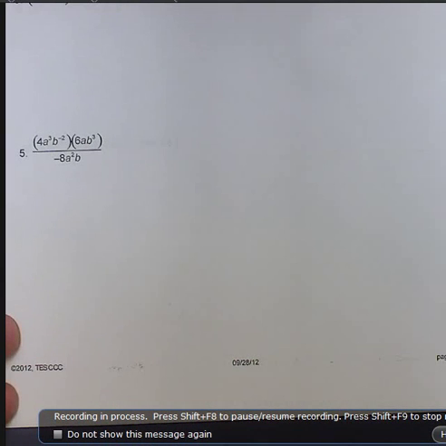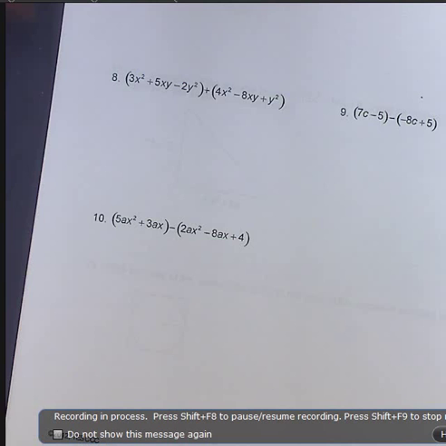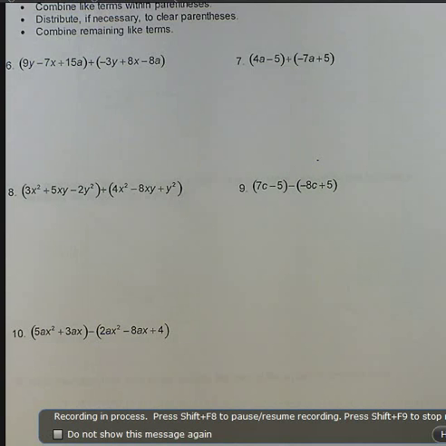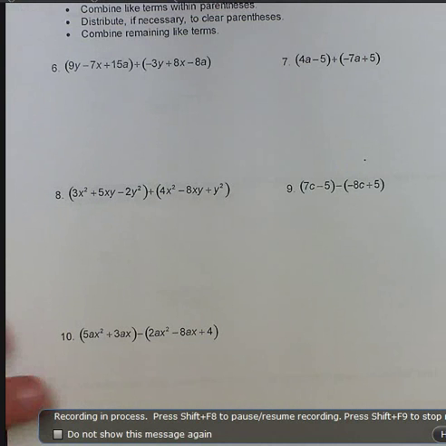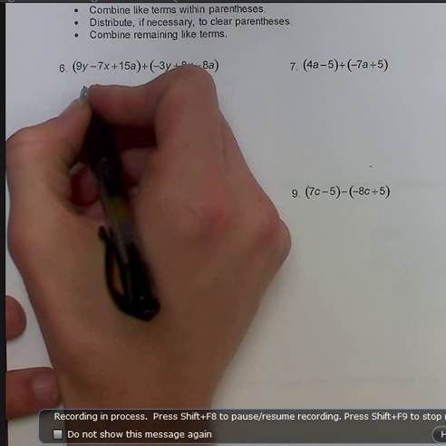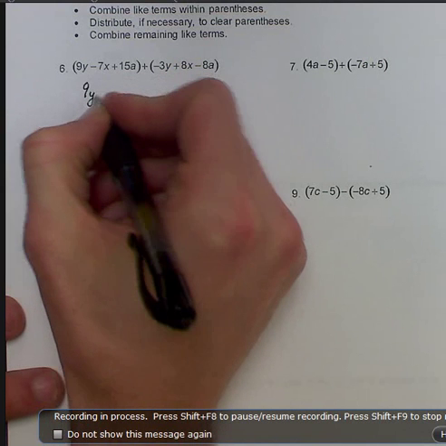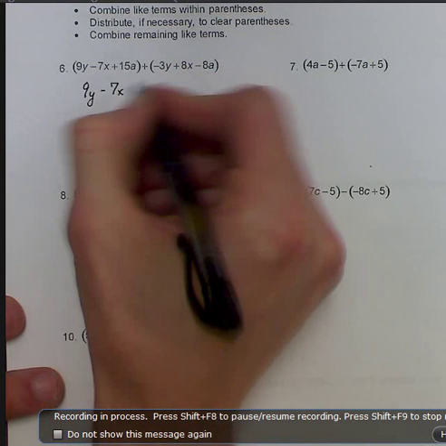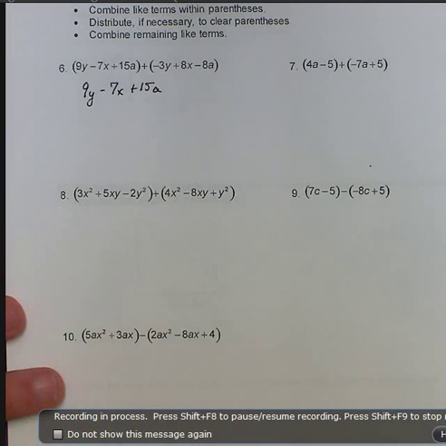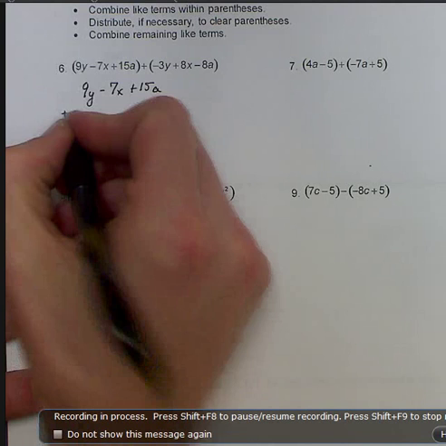Today we also talked about, at the beginning of class, combining polynomials. Like numbers, we are going to stack the things that are grouped into the same categories. What I mean by that is they have to be like terms.